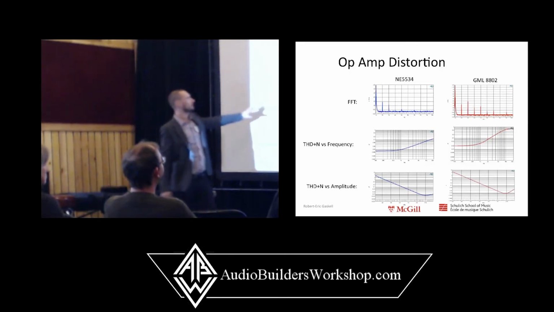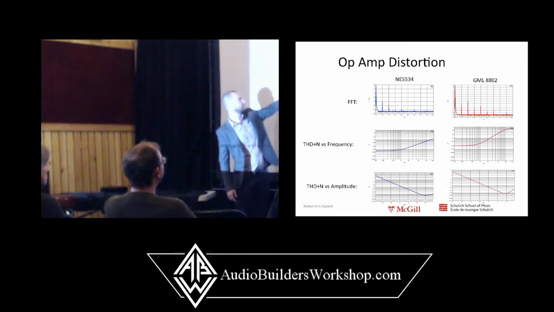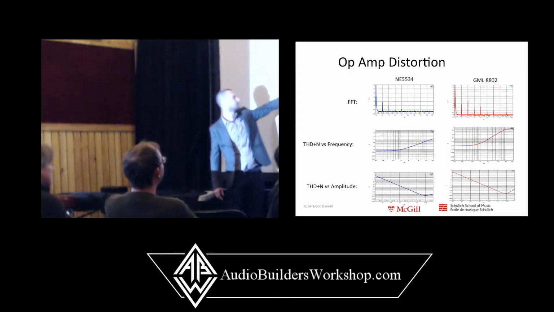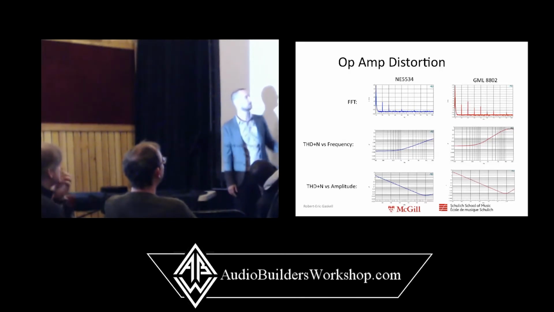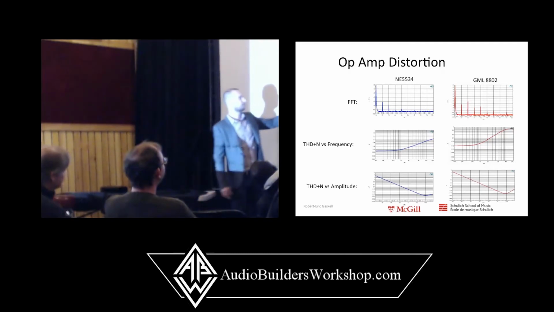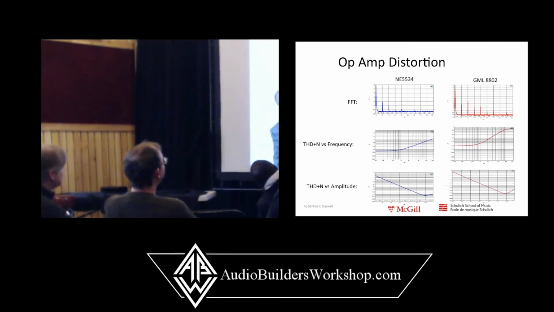Here are some comparative measurements of GML, George's op amp, and a 5534. In its FFT, we could see the characteristic distortion. We had a bit of second order and third order harmonic distortion with the 5534.